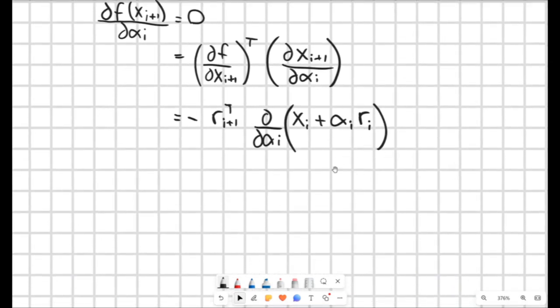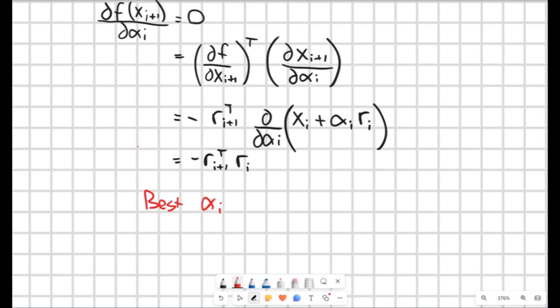And then there's only a single alpha i in here, so that's equal to minus the residual at i plus 1 transpose multiplied by the residual at i. And we want all of that to equal 0, from up here. So the best alpha, so I'll write this down here.